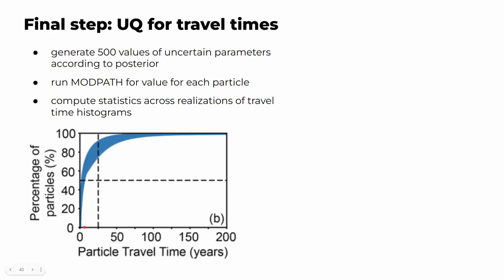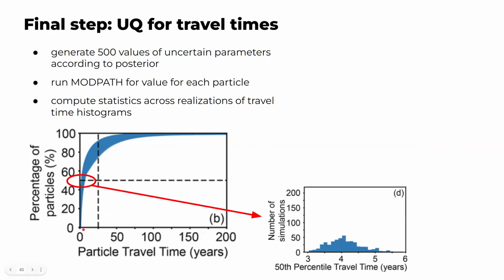In this plot, one line is a cumulative distribution of travel times, and you have 500 lines showing 500 cumulative distributions. For instance, if you cut this plot here at this level, you will see how the 50th percentile travel time, the median travel time, spreads across these 500 realizations.